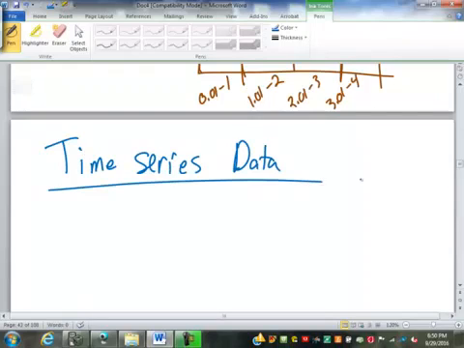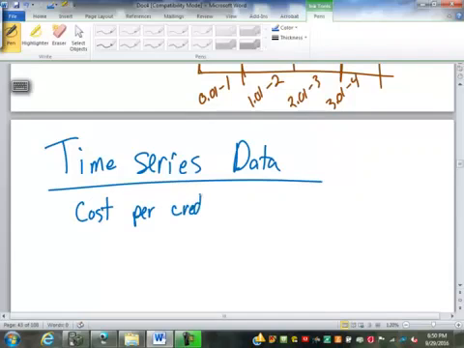In time series data, we're only looking at one thing. Previously, we looked at a single point in time and broke everything up into different possible categories. For time series data, we're only focusing on one thing, but we're looking at it at different points in time. We might look at tuition cost.